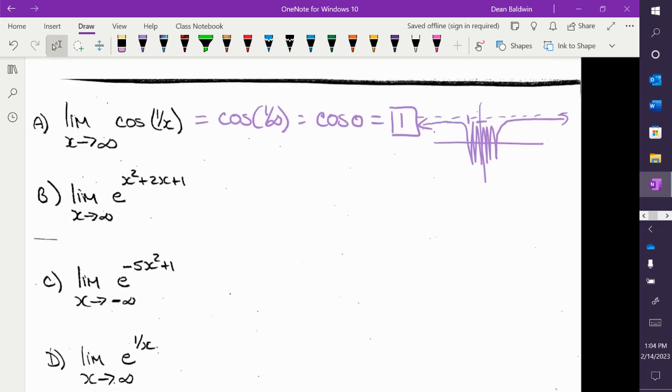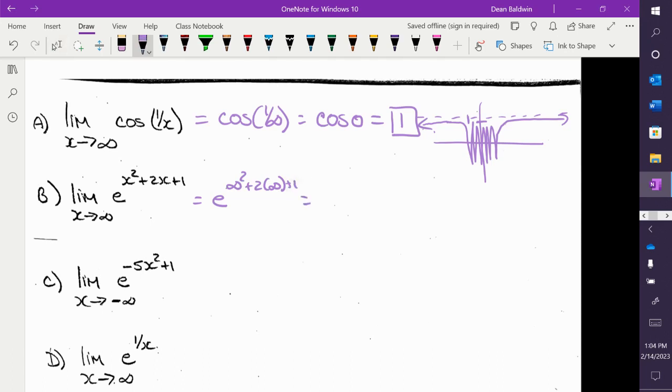B, e to the power of x squared plus 2x plus 1. E to the infinity squared plus 2 times infinity plus 1. Can you add infinities?